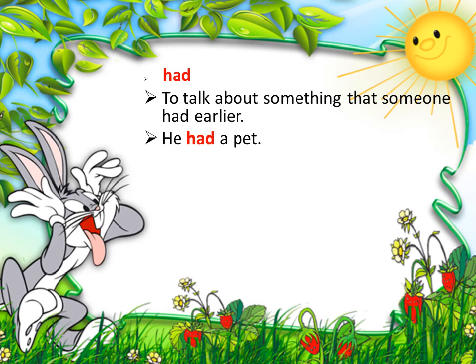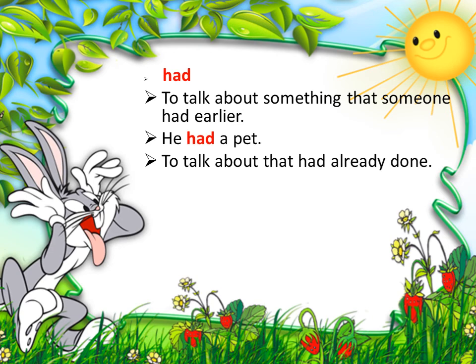तो कोई भी चीज़ किसी के पास पास्ट में थी तो उसको शो करने के लिए we use had. Next one, to talk about that had already done. कोई भी वर्क जो ऑलरेडी हो चुका है उसके लिए भी हम had का यूज़ करते हैं.